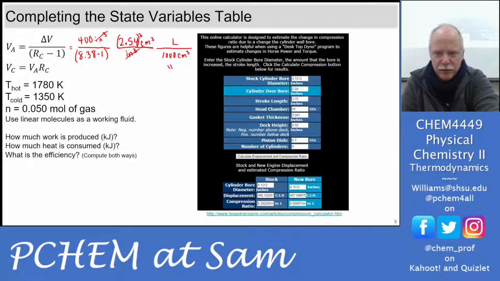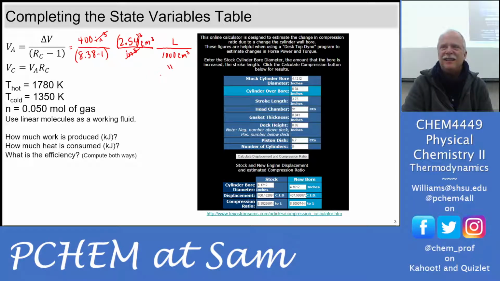Just 3 significant figures would be good. 6.55. All right, 6.55 liters. That's volume A. And let's calculate volume C. Times 8.3.